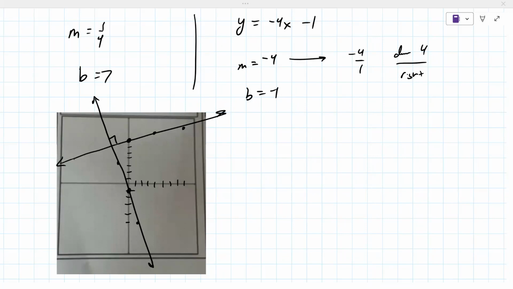So it's perception, not necessarily the most accurate, but make it look the right way.